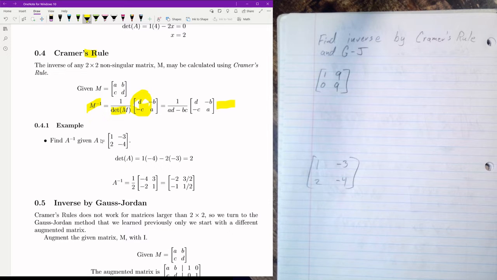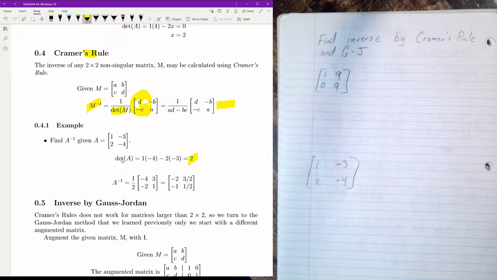An example, to find the inverse of A, we find the determinant, which we've done a couple times now. So it's 1 times minus 4, which is minus 4, minus negative 6, which is equal to 2. So the determinant is equal to 2.